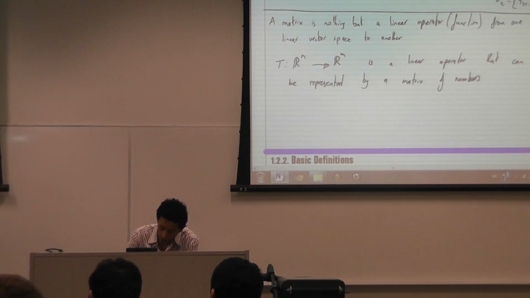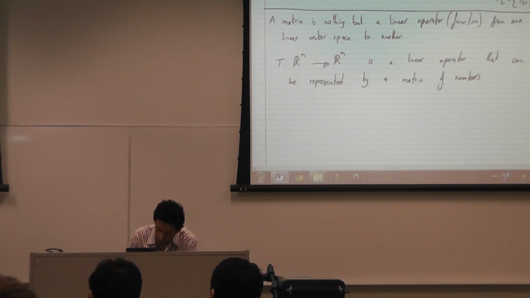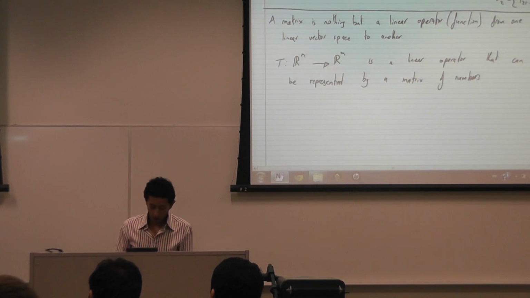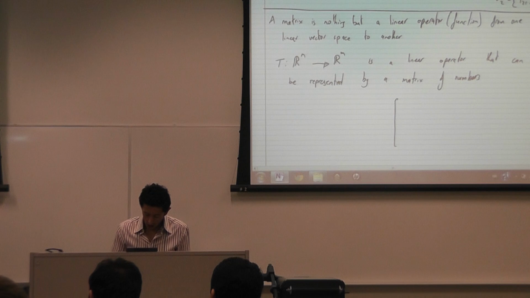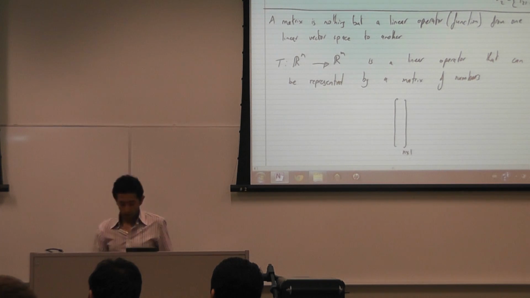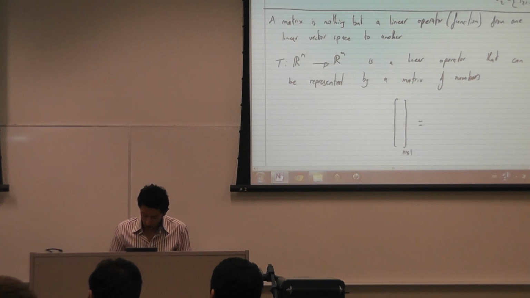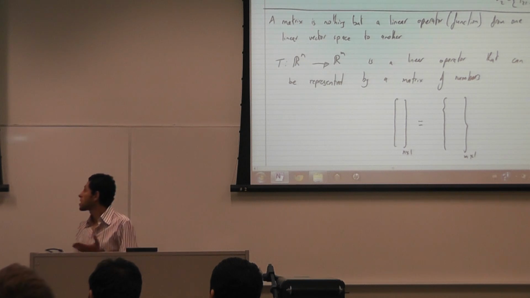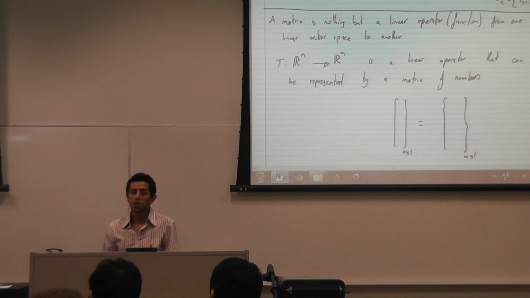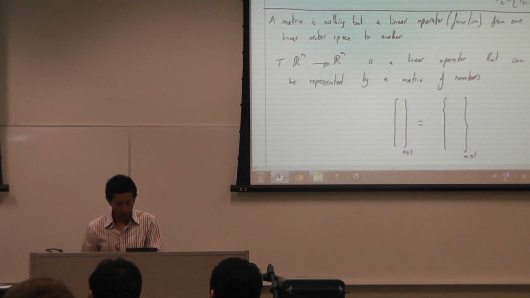Now this matrix of numbers will look like this. The argument is a vector. So T takes a vector that's n by 1 and gives you a vector that's m by 1. So it takes an n-dimensional vector and gives me an m-dimensional vector.